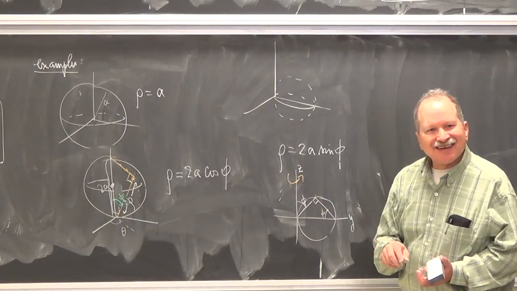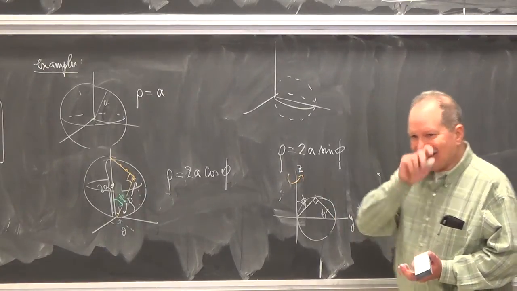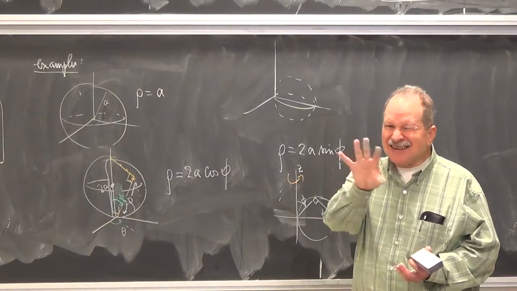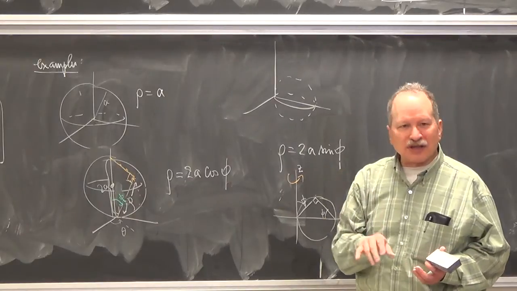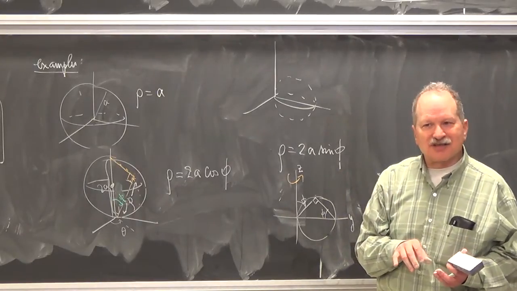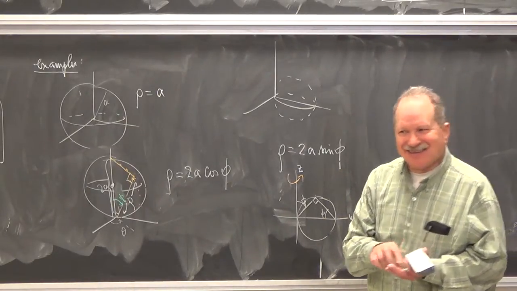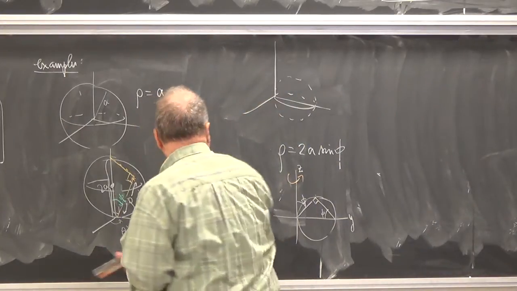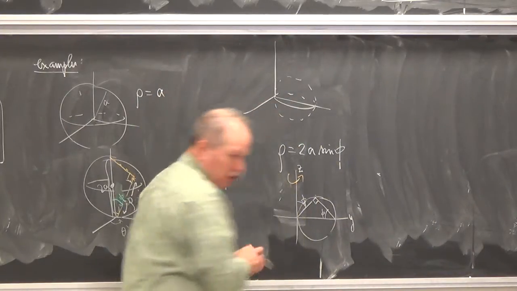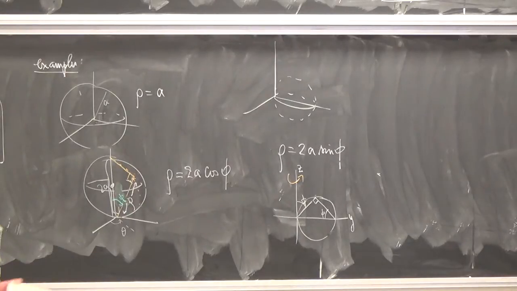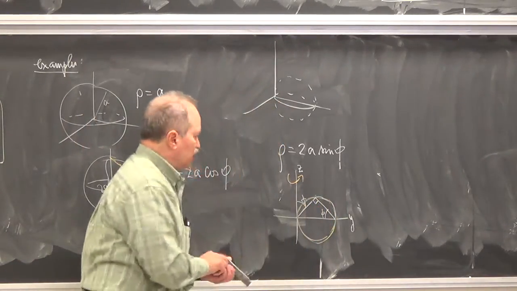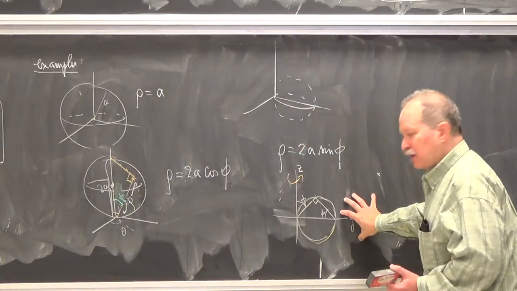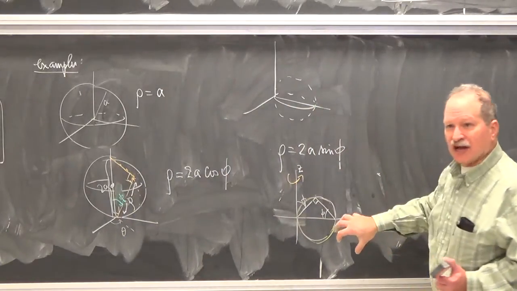It's a torus, maybe? I like the torus answer, but it's not quite right. A torus without a hole. If you took the circle and moved it over here and rotated around the z-axis, you would have an actual torus.